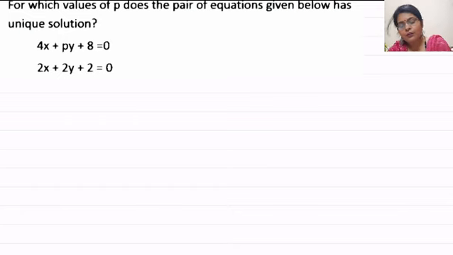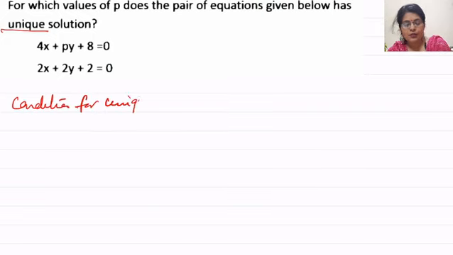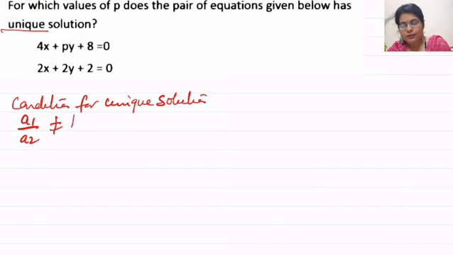First of all, we have to write the condition. Same thing we have to do. These are our two equations, and we have to write down the values.